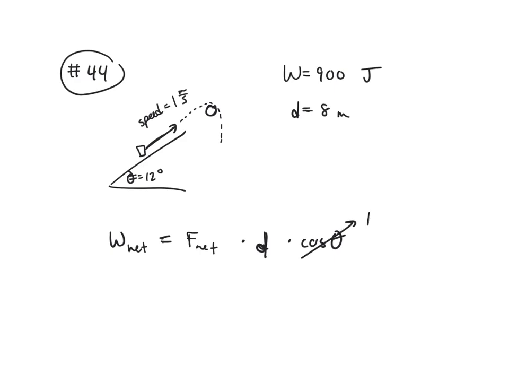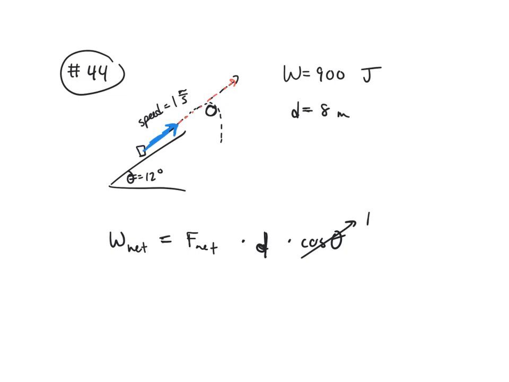Okay, again, the direction of motion is up the incline. I'll try to use another color for that. The direction of motion here is in red, up the incline, and the force applied is in blue. And that force applied in blue is also up the incline. So the angle between the force applied and the direction of motion is indeed 0 degrees.